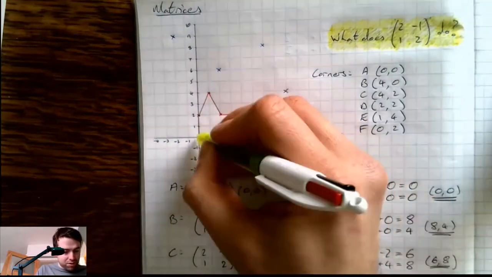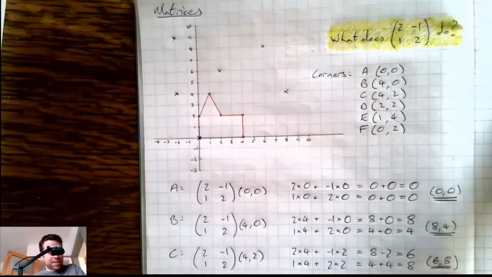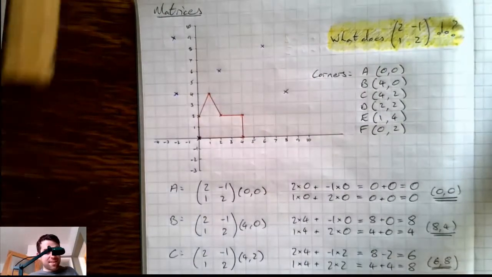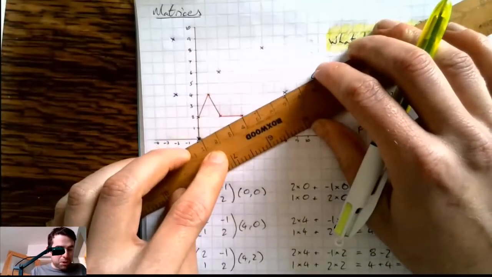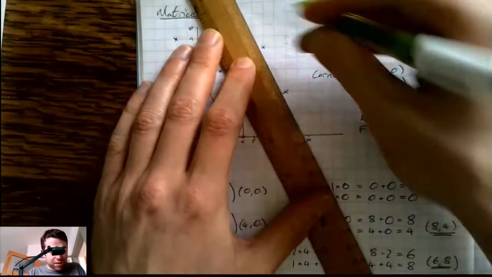And -2, 4. Now that looks like it's going to be quite nice. I'll join up those points. Oh, and that's beautiful.